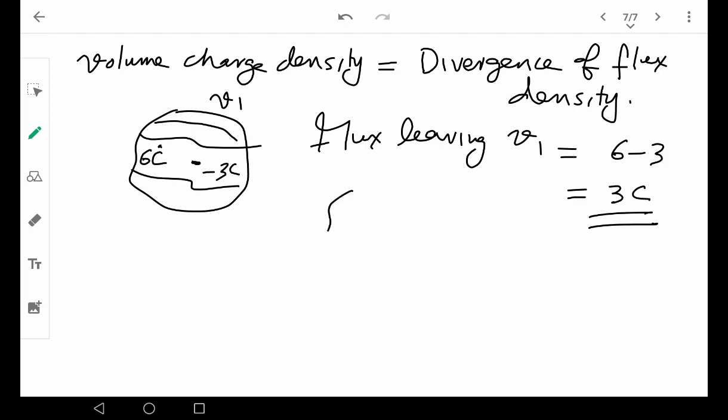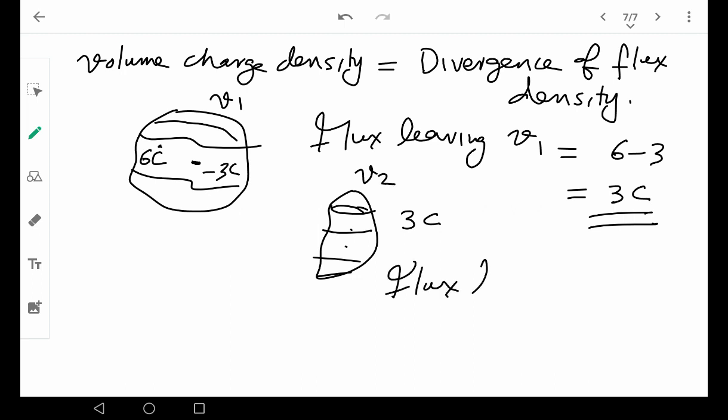But suppose you have another volume like this, and there is a charge of 3 coulombs outside it. There is no charge inside that volume. So if you call this V2, the flux leaving V2 will be equal to 0 coulomb, because there is no charge inside the volume, even though there is charge outside the volume.